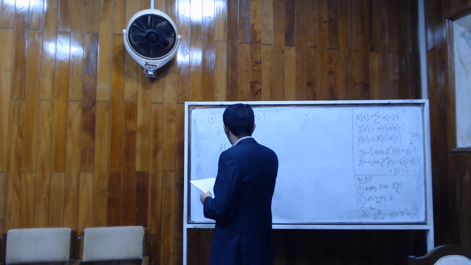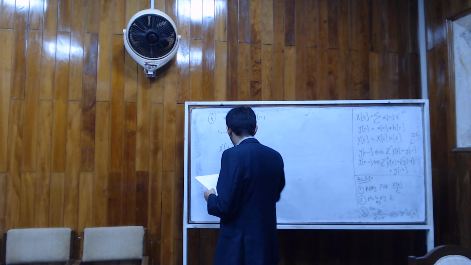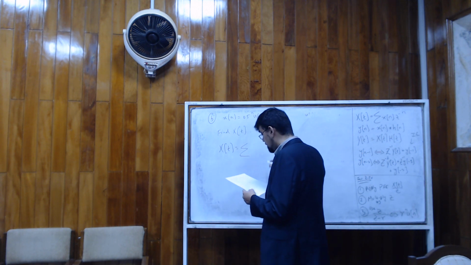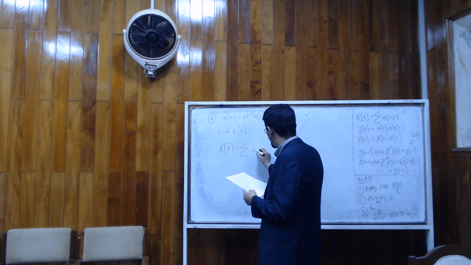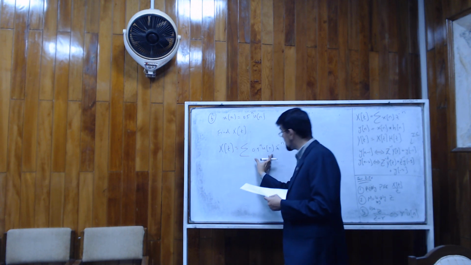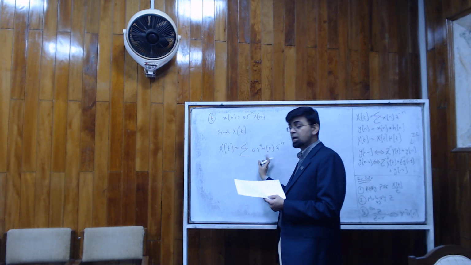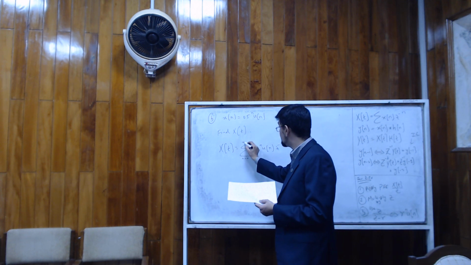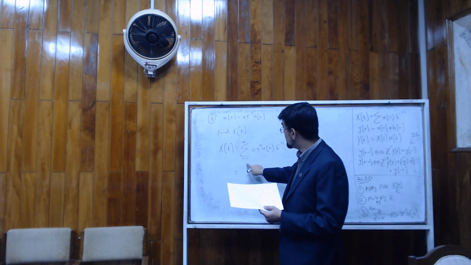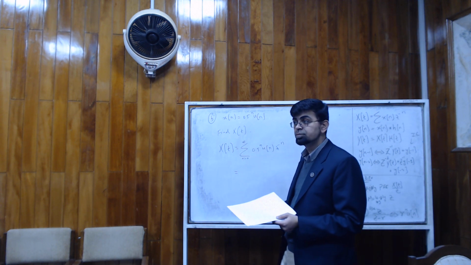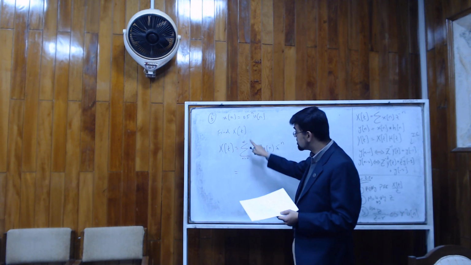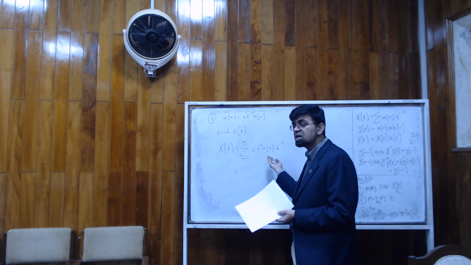Again, by definition, X(z) is summation x[n] z^-n. So it's 0.5^n u[n] z^-n. Why is that? I put x[n] here, and n is 0 to infinity. What is u[n] in this range? It is 1, so it's irrelevant.